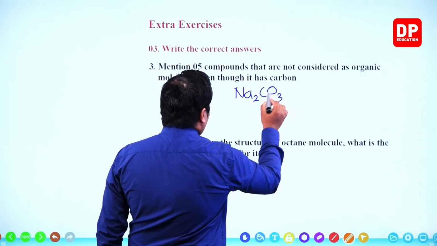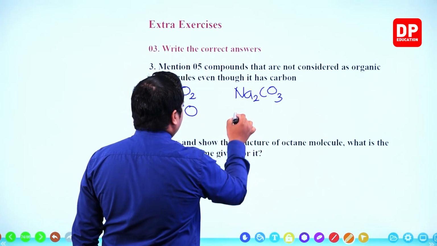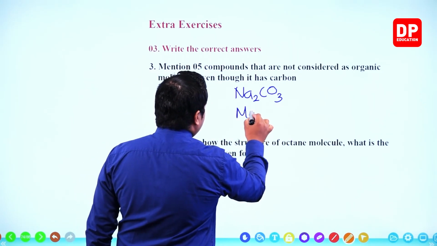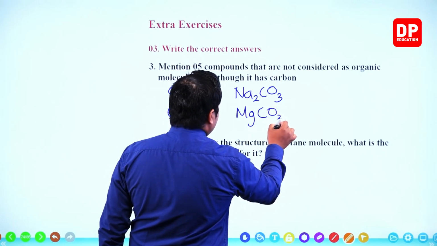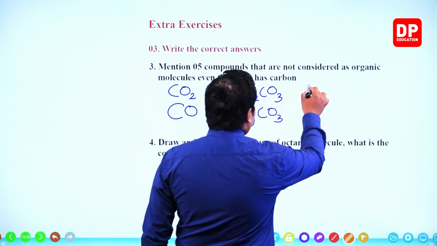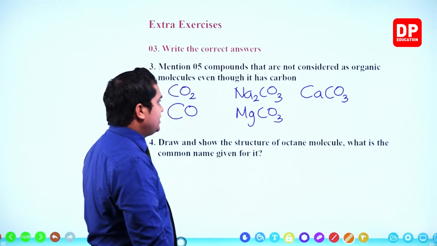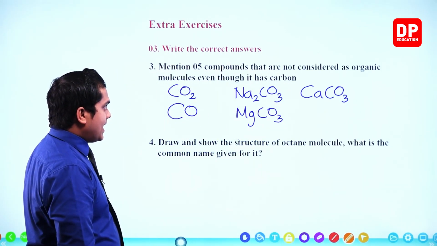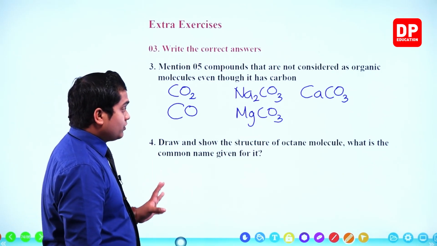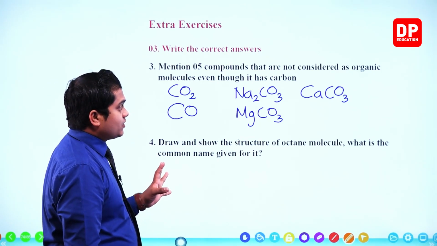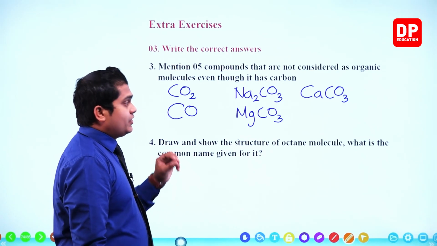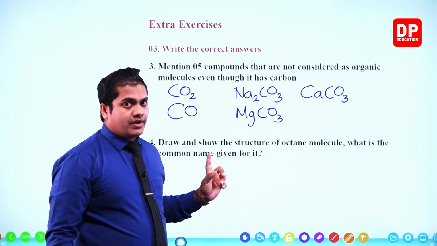Na2CO3, sodium carbonate. MgCO3, magnesium carbonate. CaCO3, calcium carbonate. All of these are not considered organic substances, even though they contain carbon, my dear children.